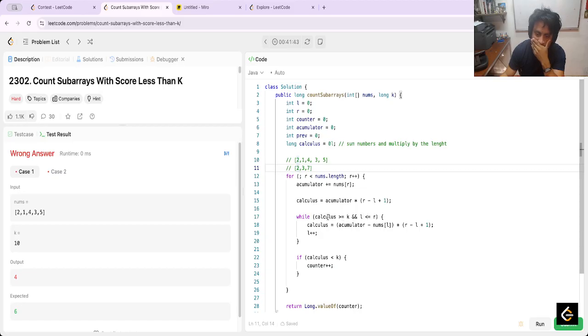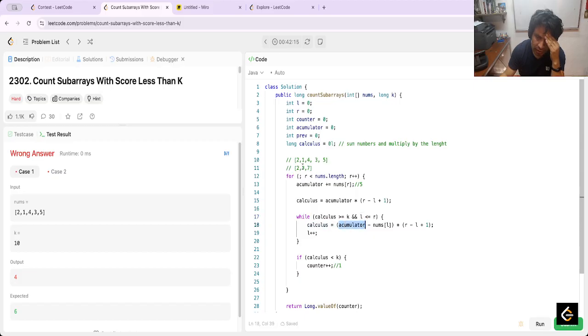No. In this case is count. We have 1. Move to the next. The next is 3. 2 plus 3 is 5. 5 multiplied by 2 is 10. 10 is greater equal k, and L is minor equal R. Calculus is equal accumulator.